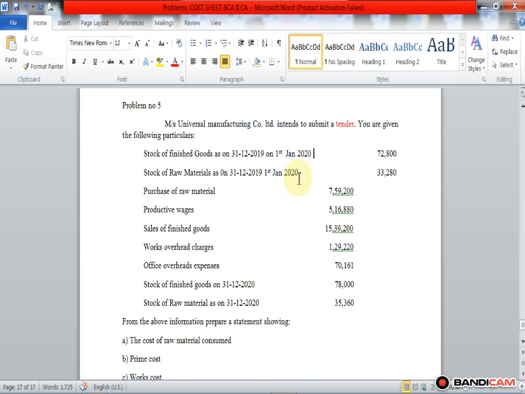Stock of raw material, it means opening stock of raw material, is useful for finding out the material consumed. Purchase of raw material is also useful to ascertain the material consumed. We add this purchase of raw material to the opening stock of raw material. Next, productive wages. Productive wages is also known as direct wages.